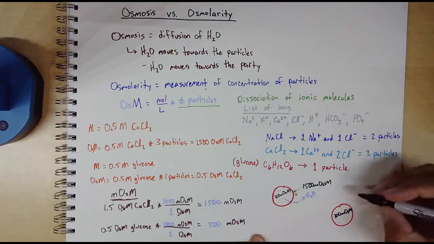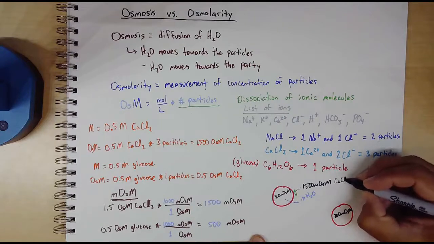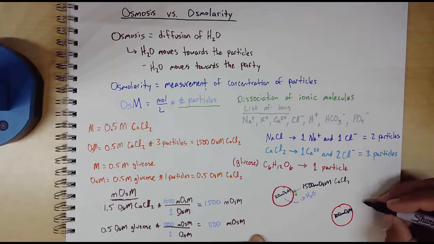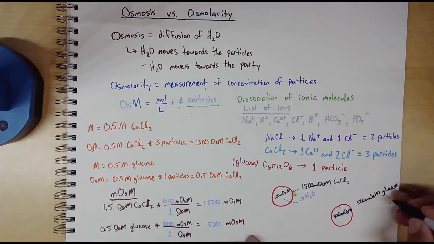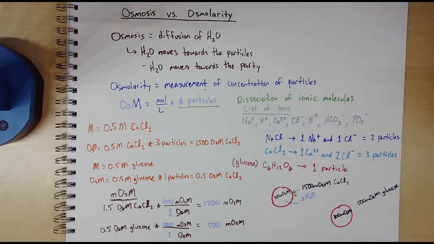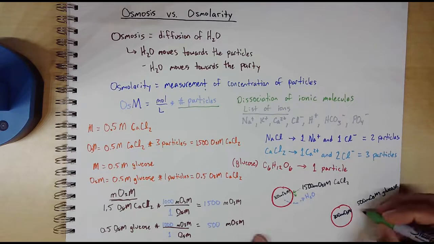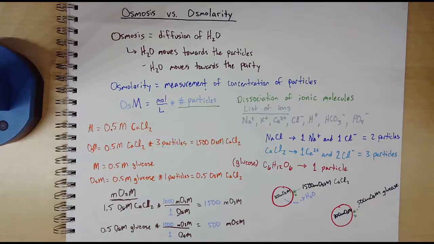This one up here is calcium chloride. This one down here is going to be 500 milliosmoles of glucose. Now, glucose is non-penetrating because it's a big polar covalent molecule. It's going to try to get into the cell, but since it's non-penetrating, it bounces off. And water still leaves this cell.